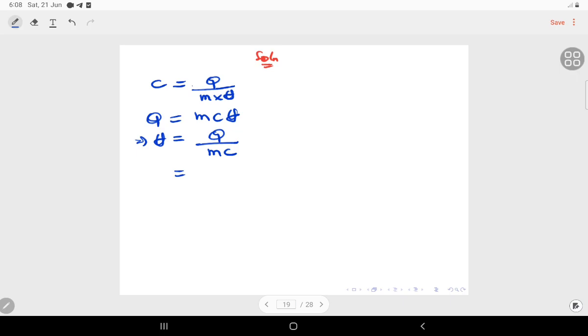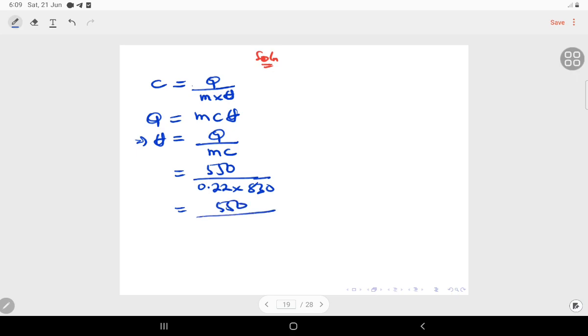What is our Q? 550. Our M is 0.22, times our C, which is 830. So we get 550 over that.